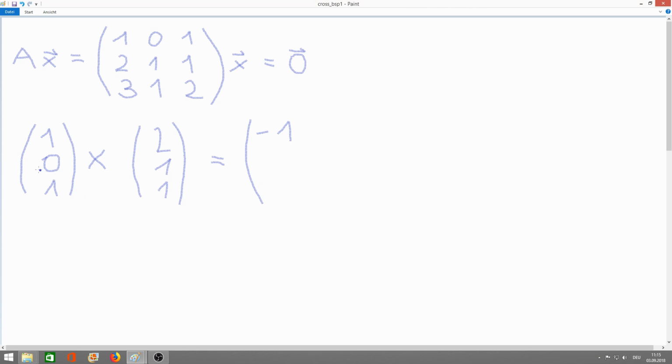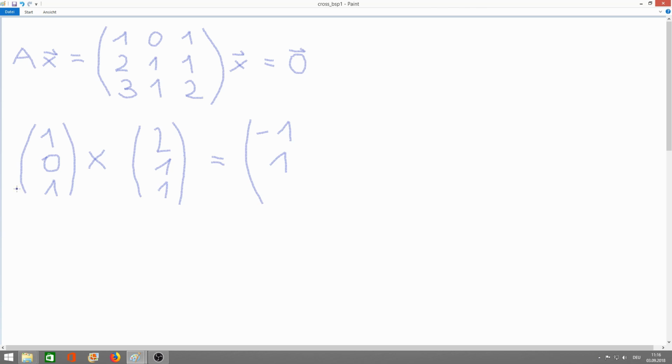For the second entry, you have to ignore this here and calculate 2 times 1 minus 1 times 1, which is 1. So the second entry is 1.